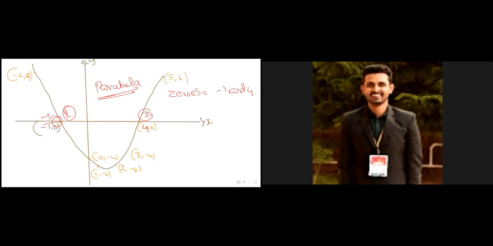Suppose we consider case one in which the graph cuts the x-axis at two distinct points, A and A prime. So the graph cuts at two distinct points, that is A and A prime.